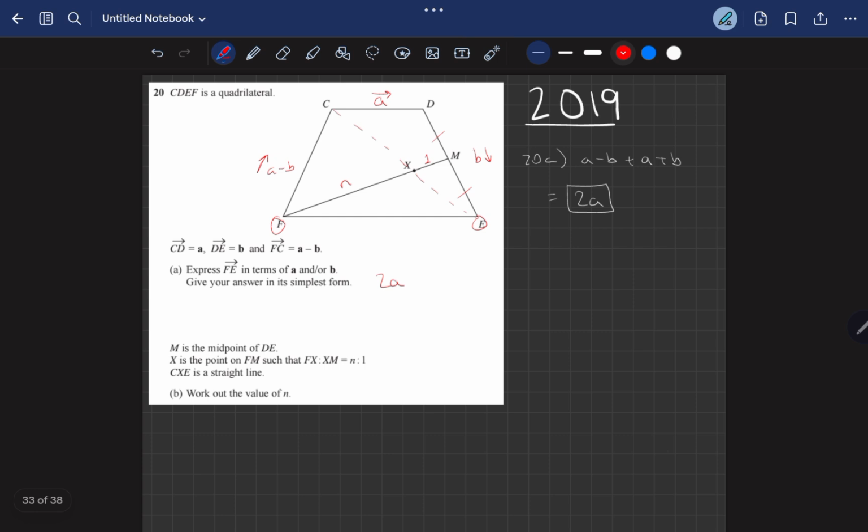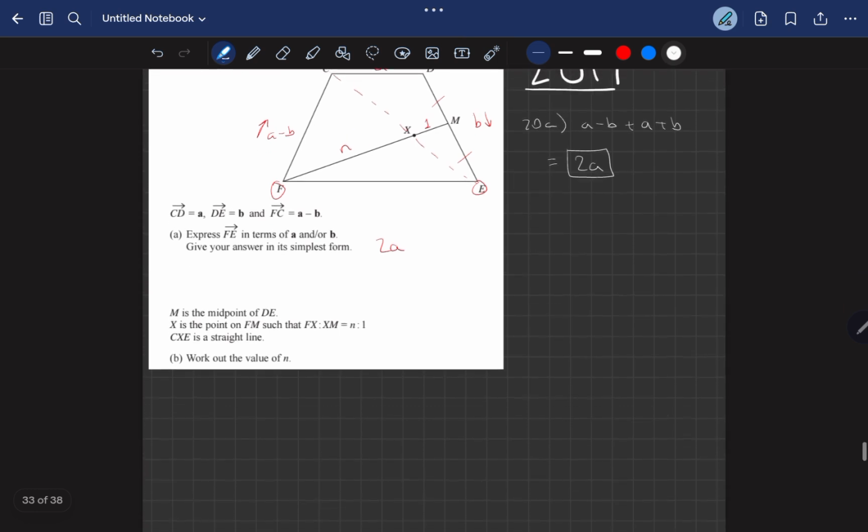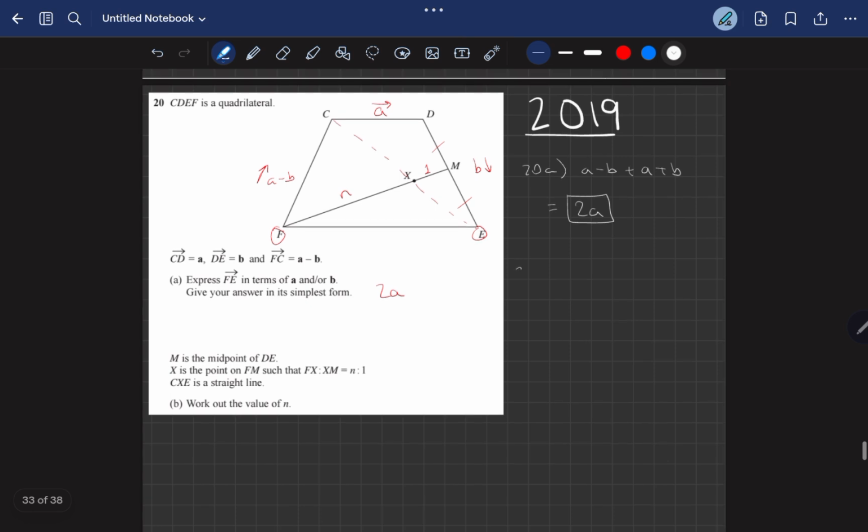Let's first find FM, because we know that the proportion lies along FM. So we're trying to go from F to M. So FM is equal to A minus B plus A, and we're only going halfway down DE, so we're adding B over 2.